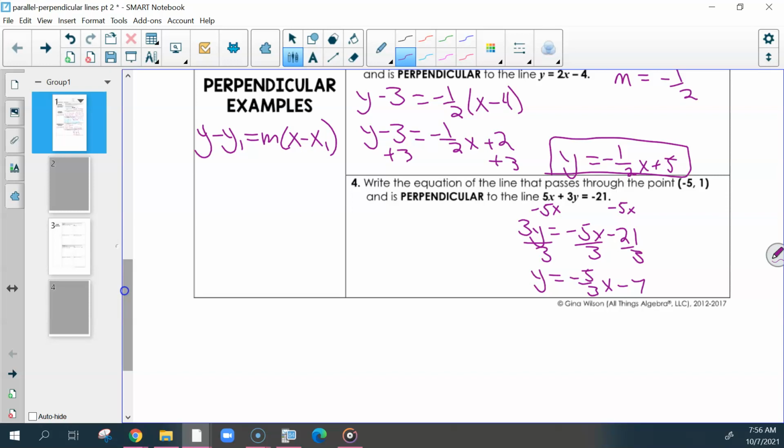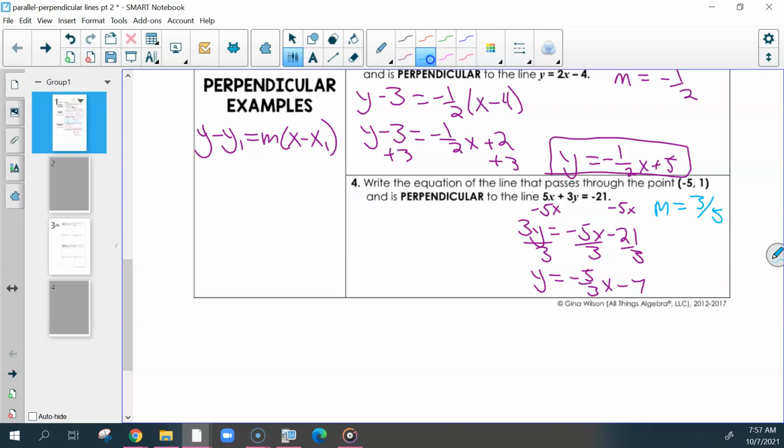So we need this to be perpendicular. What slope would be perpendicular to negative 5/3? If you don't do that additional step, solve it, and then change the slope, you'll end up with either the same slope or the wrong slope.